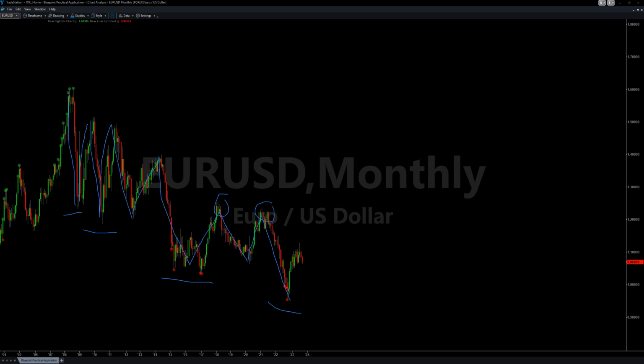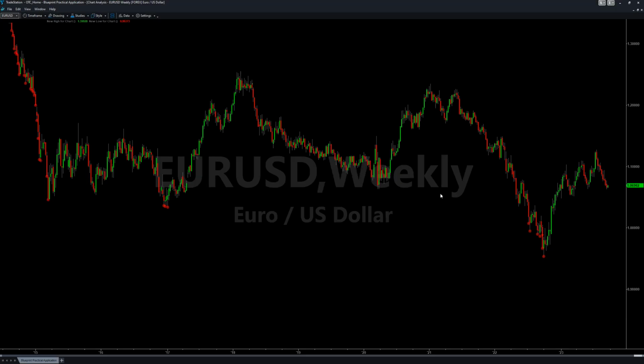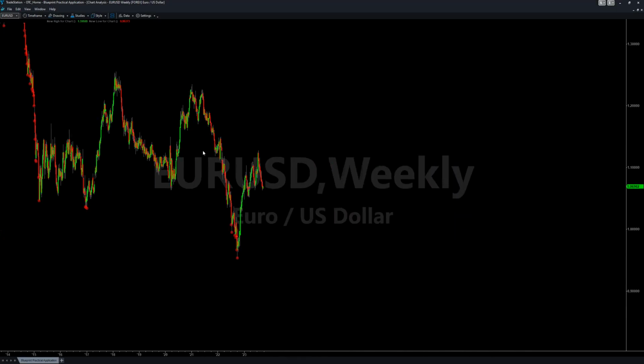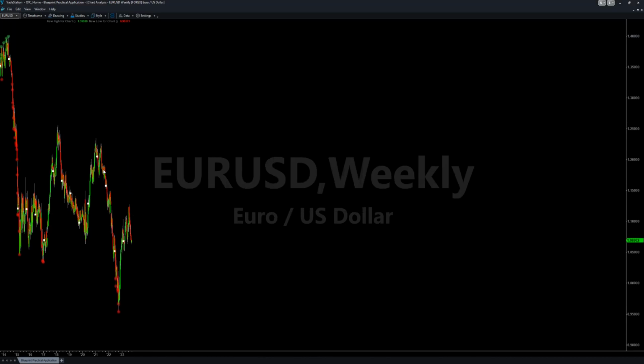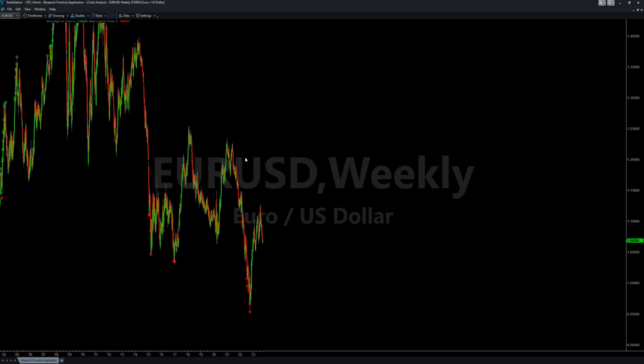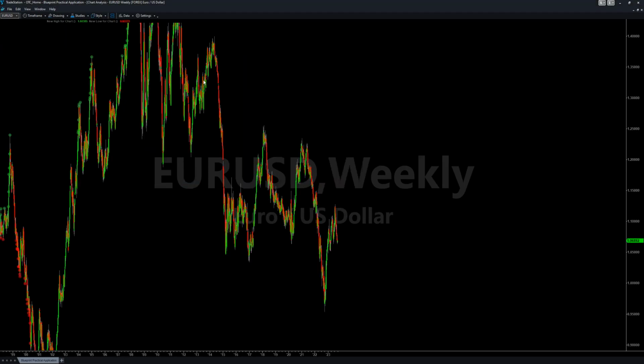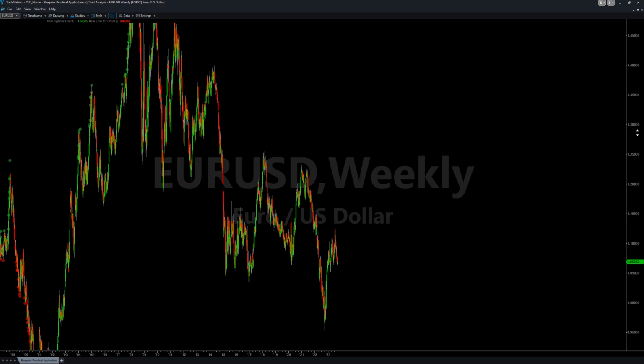And now we will check this on the weekly chart. It's only one step lower. Upsala, what is this? 10 years, we need 20. Unfortunately, we need 30, sorry. 30 years.